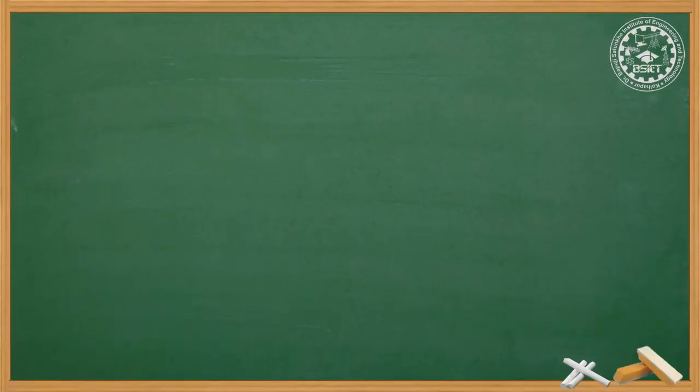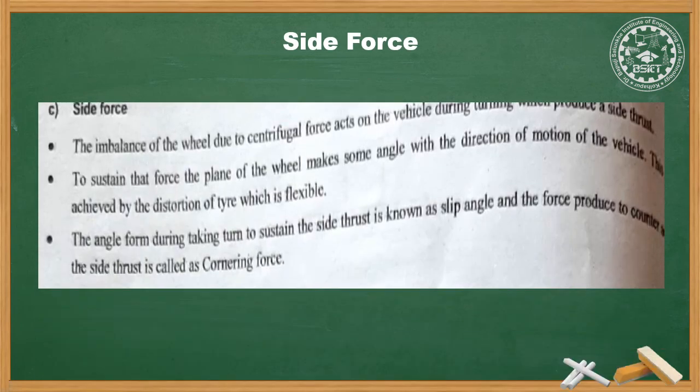The third is the side forces. The imbalance of the wheel due to the centrifugal force acting on a vehicle during turning produces a side thrust. To sustain that force, the plane of the vehicle makes some angle with the direction of motion of the vehicle. This is achieved by the distortion of the tire, which is flexible.